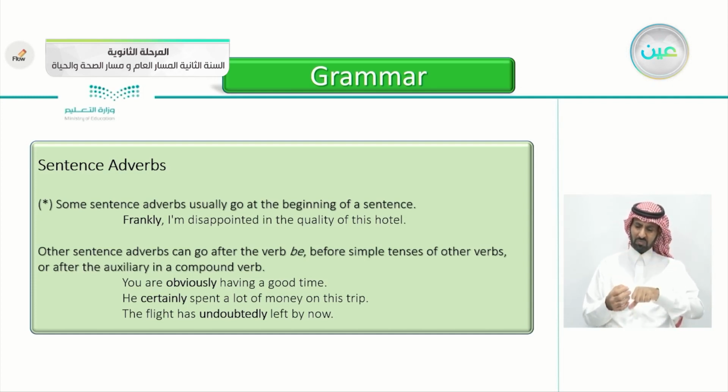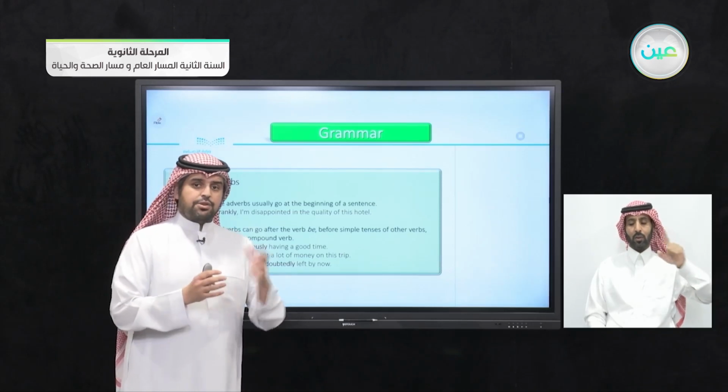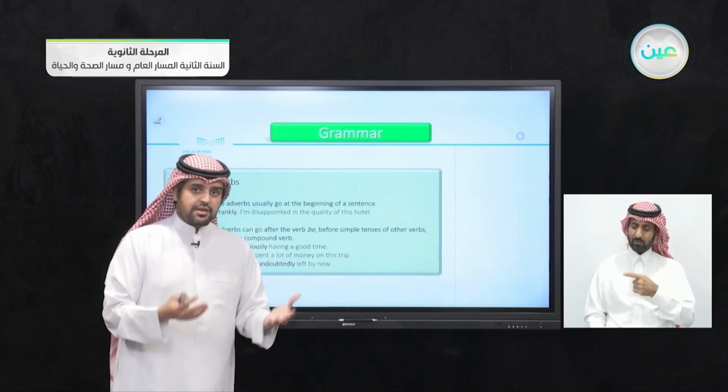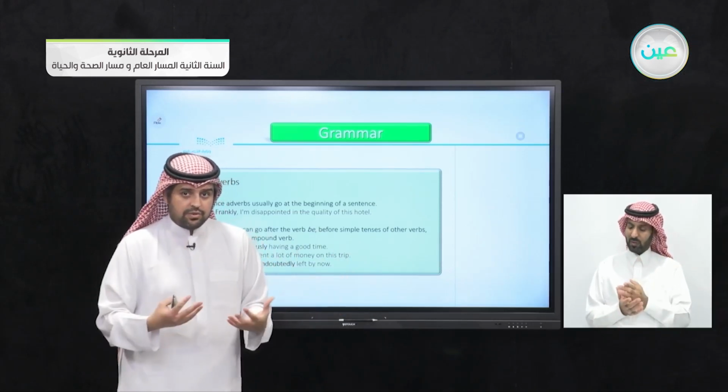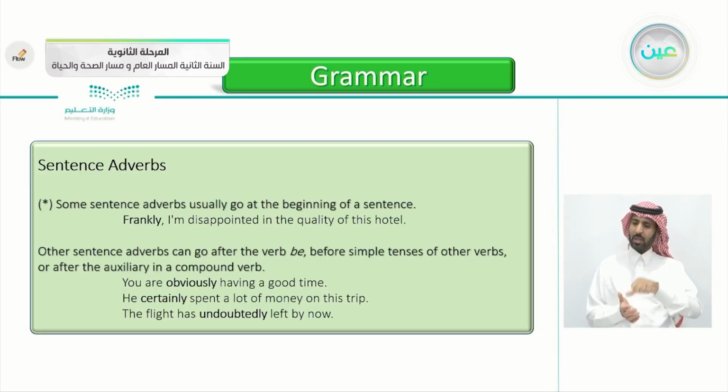You can begin the sentence with the sentence adverb here, frankly. For example, when you say, honestly, I don't think that he is good. You're being honest here. This describes your attitude. So sentence adverbs are related to the speaker's attitude, as I mentioned earlier. Frankly, I'm disappointed in the quality of this hotel.